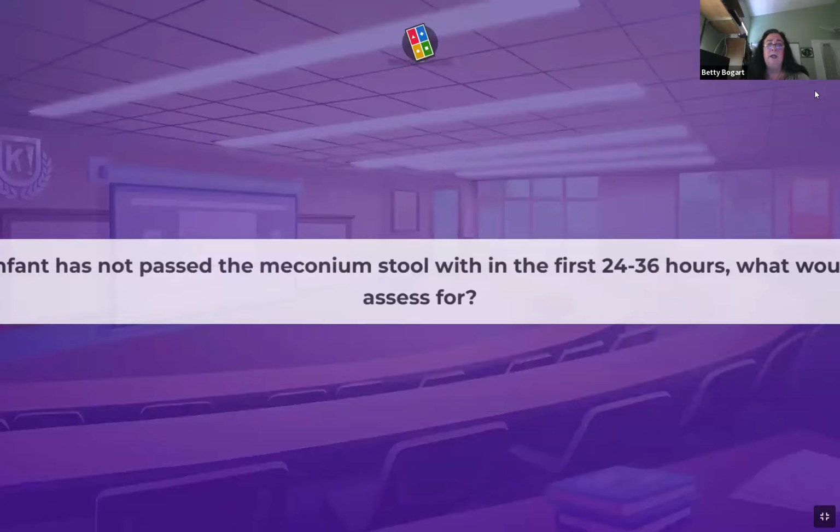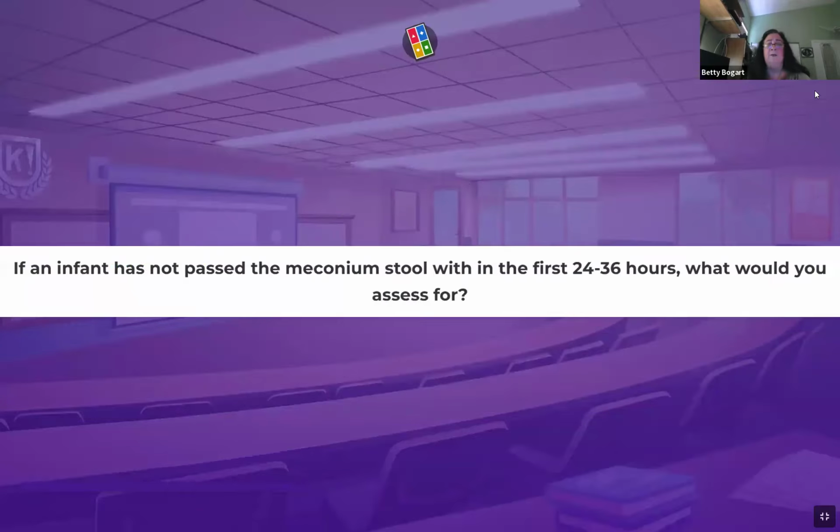Multi. And if an infant has not passed the meconium stool in the first 24 to 36 hours, what would you assess for?